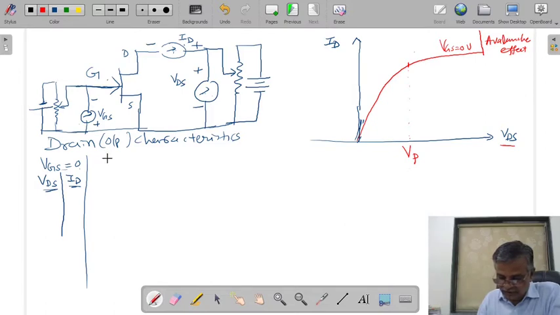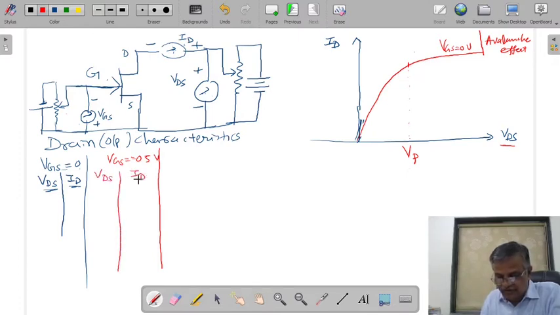Now, if I keep VGS equal to minus 0.5, I am giving this negative voltage, so you connect the negative terminal, so it is called minus. So this is minus 0.5 volts. Now again I am increasing VDS and the corresponding drain current is measured, then the graph.